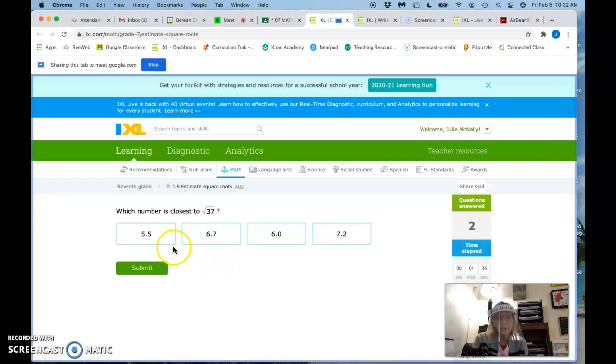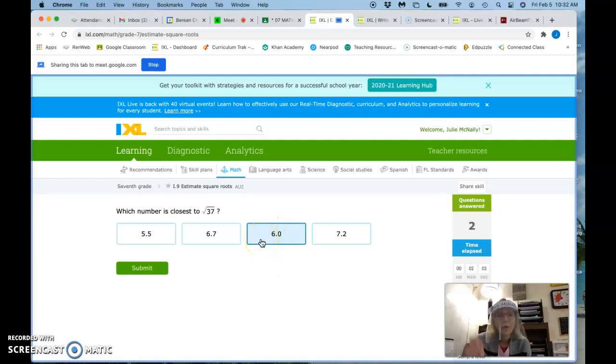But look, now it's asking us something different. What is the square root of 37 closer to? 6.0 or 6.7? 6.7. Well, it's 37 though, and 36 is 6. I think it's closer to 6, this one.